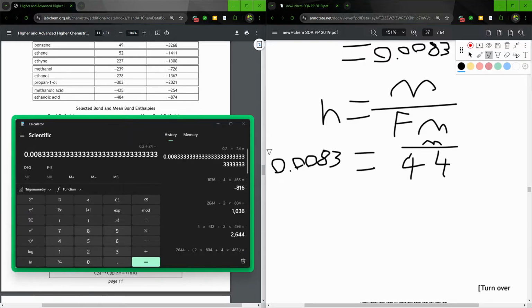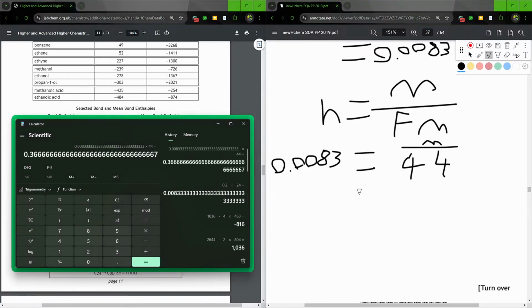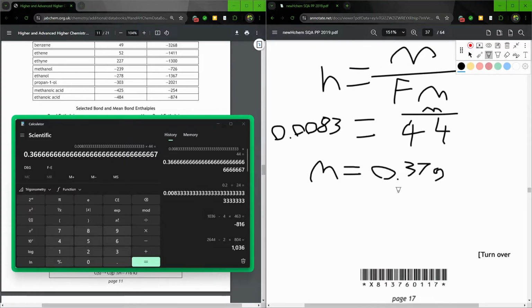There we go. So now we just need to times this by 44 and we should get our answer, which is 3.67. And remember your units, it's grams.